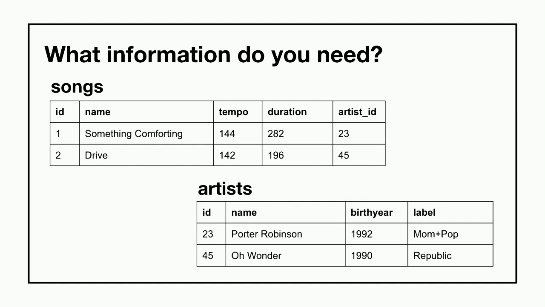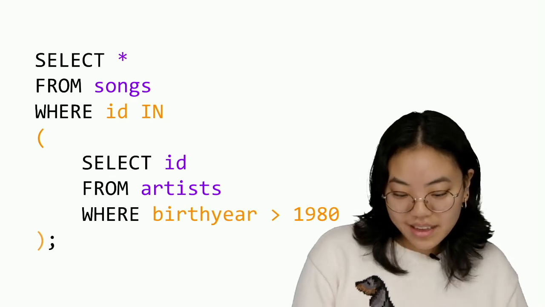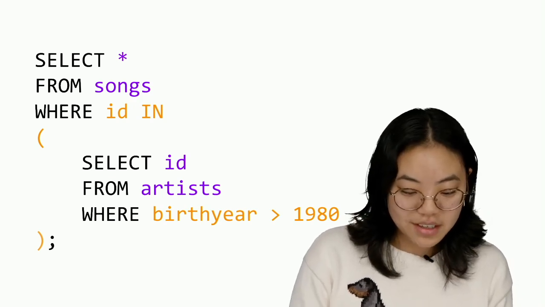Yeah, so I need to know the birth year of my artists. And once I know which artists are born after 1980, the IDs of those artists are going to be important for me to know. So a bit like what we just saw, but slightly different here.